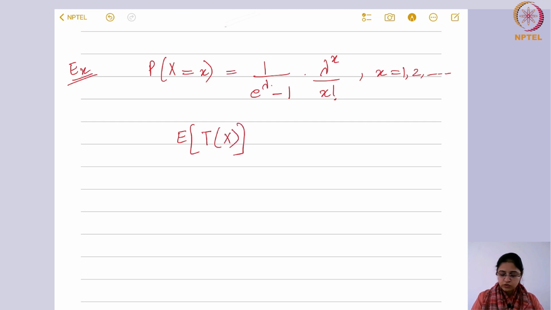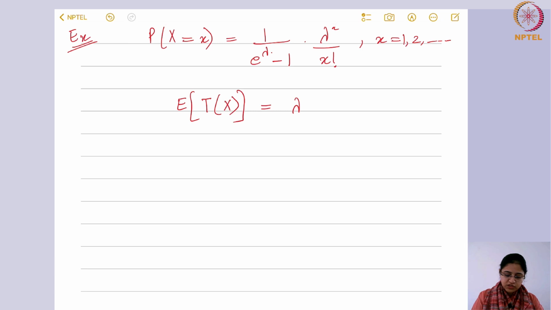We basically don't know what an estimator is, and we are going to start from scratch. For the expectation of any quantity in the discrete case, it will go from 1 to infinity, and we write the function t of x and multiply it with the corresponding PMF, that is 1 over e power lambda minus 1 into lambda power x over x factorial. This is the same as lambda.